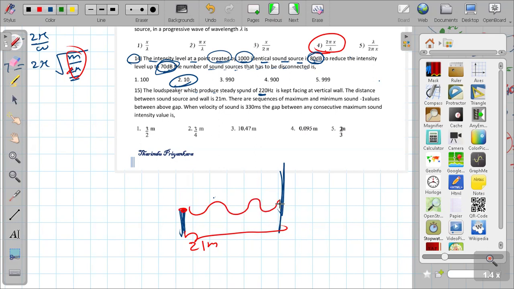This will reflect back and may produce this type of interference. As a result of it, this part is a node. Nodes are with minimum intensity. Anti-nodes are with the maximum intensity. Got it?